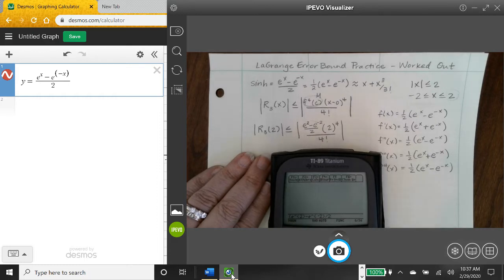I better put parentheses around that. Divided by 2 times 2 to the 4th. And I need to do all that divided by, so I need to set a parentheses over there.